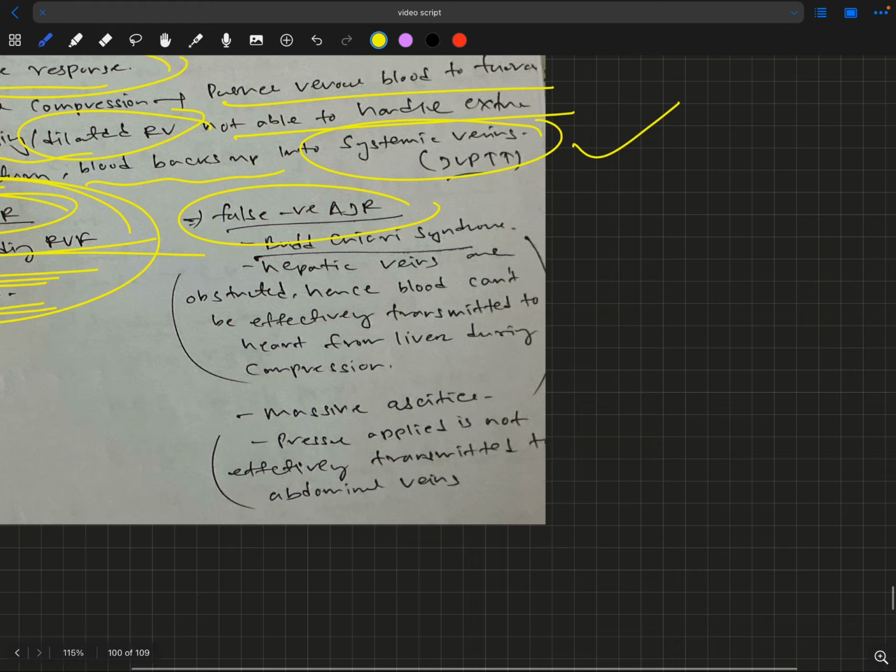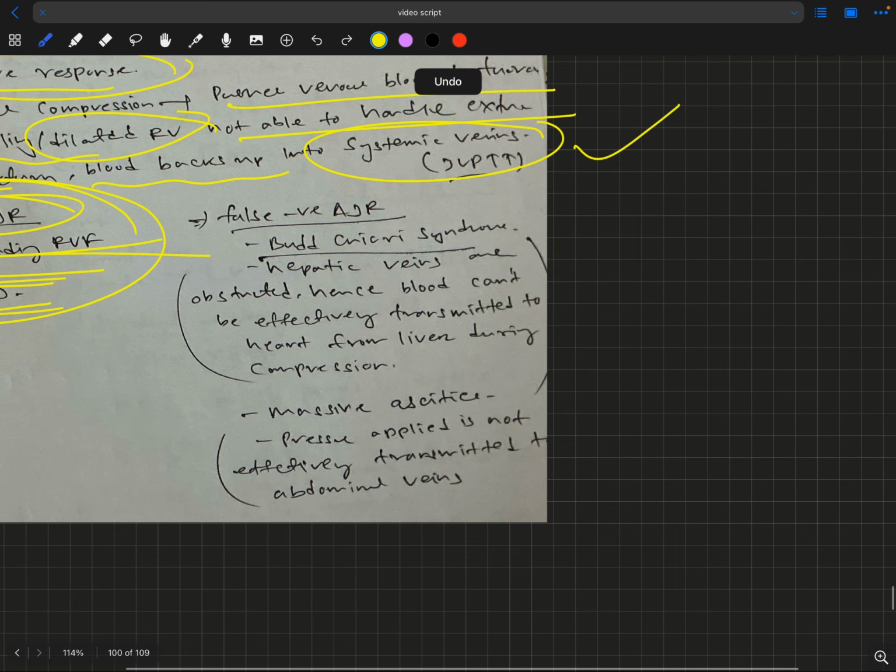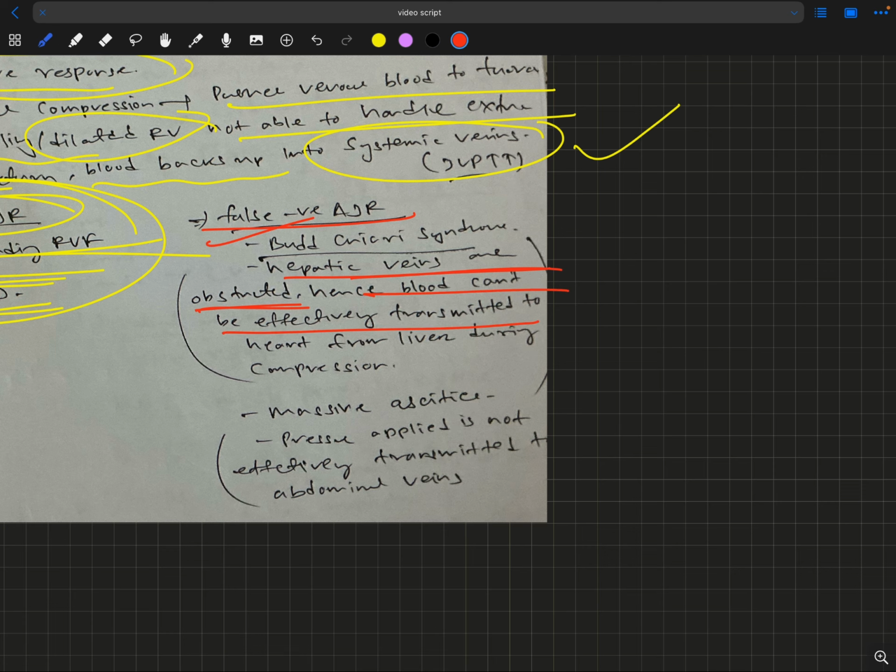False negative abdominal jugular reflex is seen in Budd-Chiari syndrome, when the hepatic veins are obstructed. In Budd-Chiari syndrome there is thrombosis in the hepatic vein. In paroxysmal nocturnal hemoglobinuria, PNH, the patient can develop Budd-Chiari syndrome. Remember that. Since the hepatic veins are obstructed, blood can't be effectively transmitted from the liver to the heart during compression.